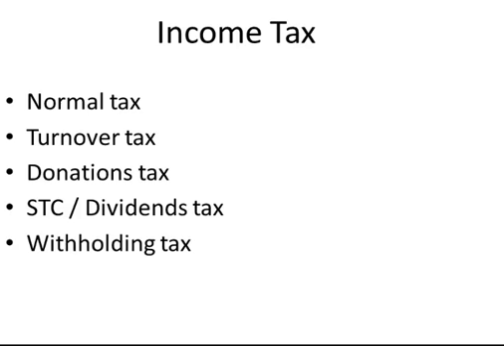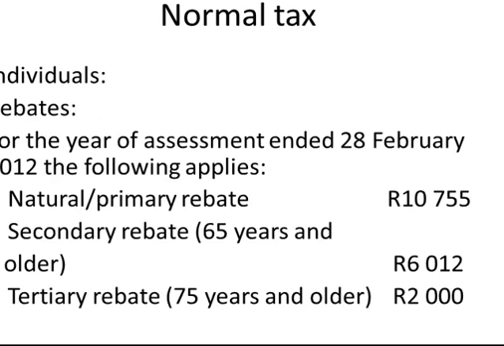We look at secondary tax on companies, now a dividends tax, because as of the 1st of April 2012, which you do not have to know for this course but will definitely have to know in future, it has been changed to what we call a dividends tax. And then we have a withholding tax, which is how we tax non-residents in this country.